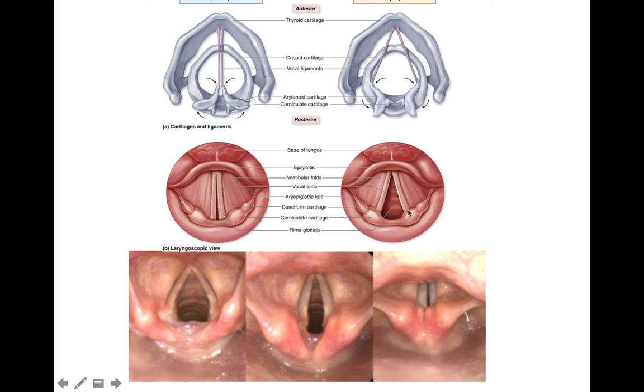Stratified squamous epithelium, wear and tear epithelium. Lots of wear and tear on these vocal cords. That's why lots of singers have vocal cord bleeds, vocal cord nodules, because of the trauma from these vocal cords smashing against each other.